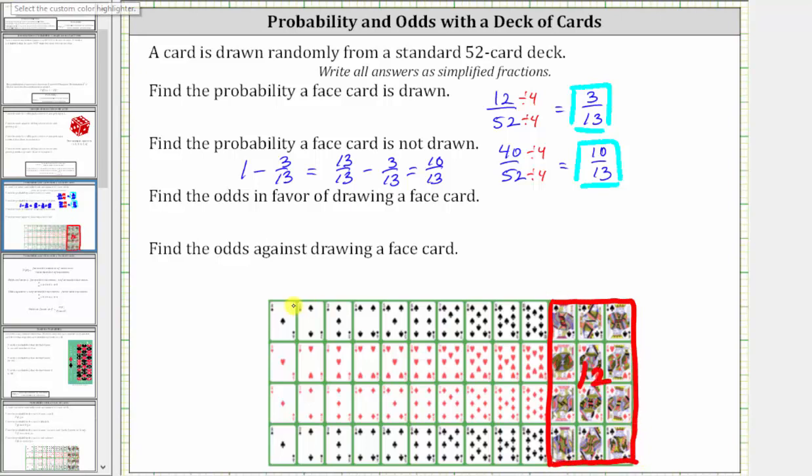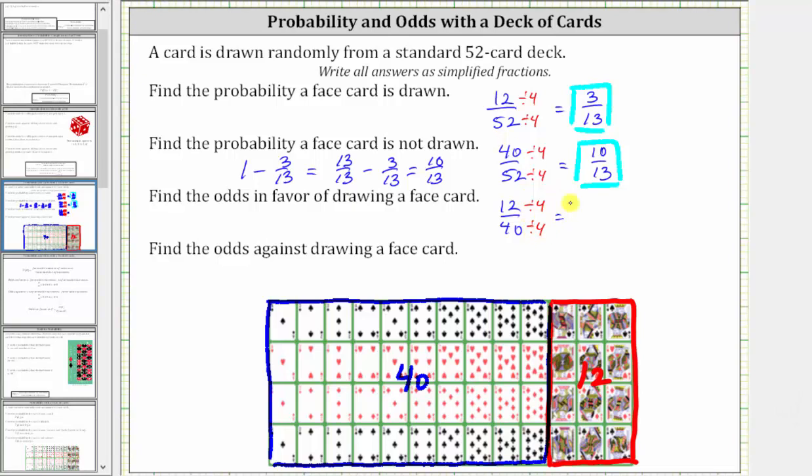And because there are 40 cards that are not face cards, there are 40 unfavorable outcomes, and therefore the odds in favor of drawing a face card are 12/40. Again, simplifying, the greatest common factor between 12 and 40 is 4. Simplifying, we get the ratio of 3/10. The odds in favor of drawing a face card are 3/10.